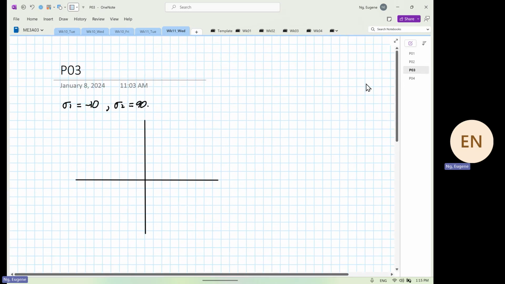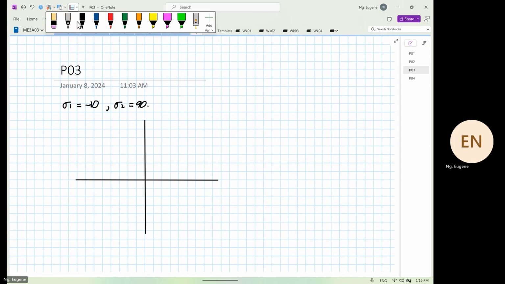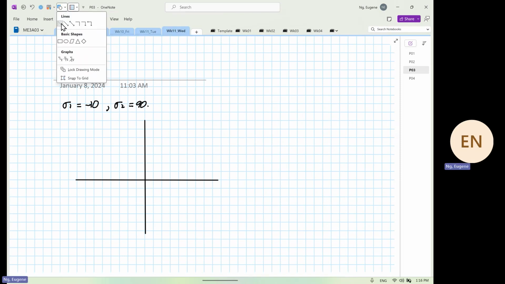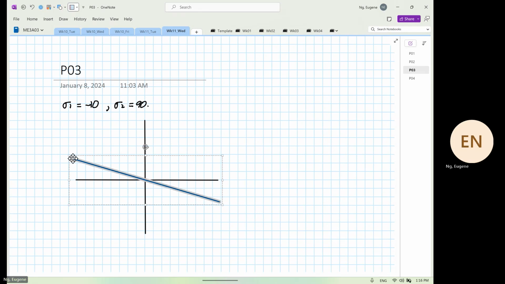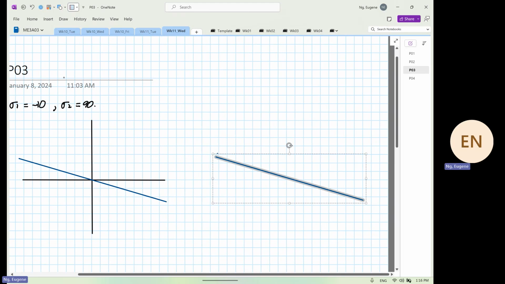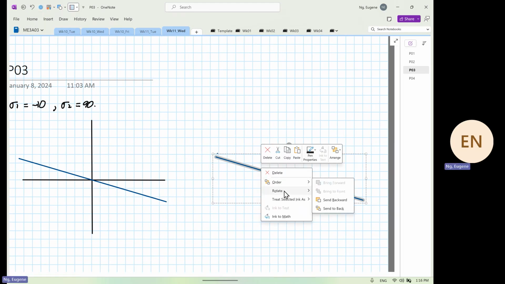So we're going to take a protractor and sketch this at 18.4 degrees. I can only see 18 or 19. This is 18.4. Okay. I'm going to copy, paste, and then rotate this by 90 degrees.